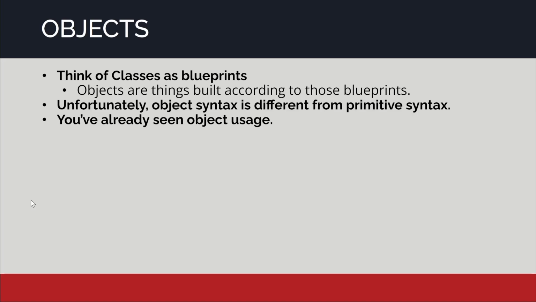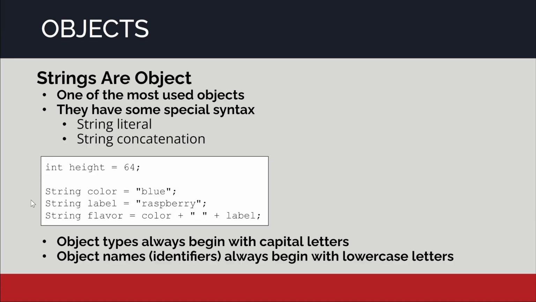We have actually already seen and used objects this whole time. I've tricked you. I've kind of hidden it away. We've been using a certain type of object, which is a little special, and those objects are strings. Strings are actually objects in Java. They are not simple primitives, not like an integer.